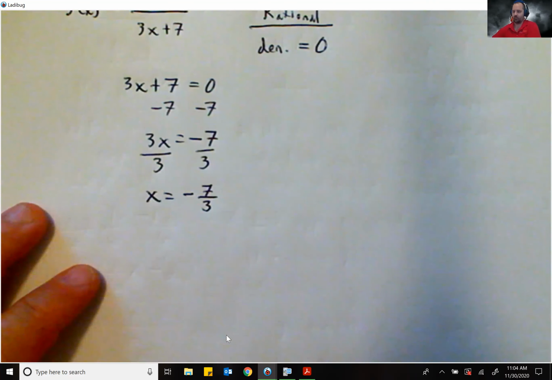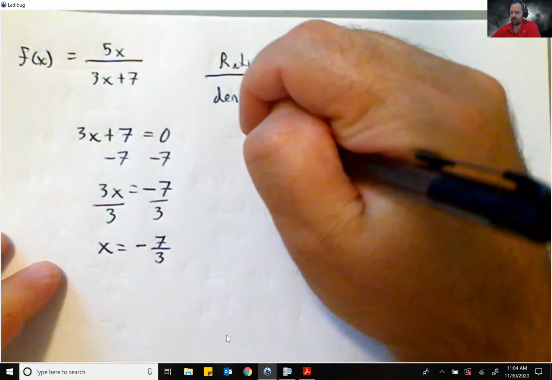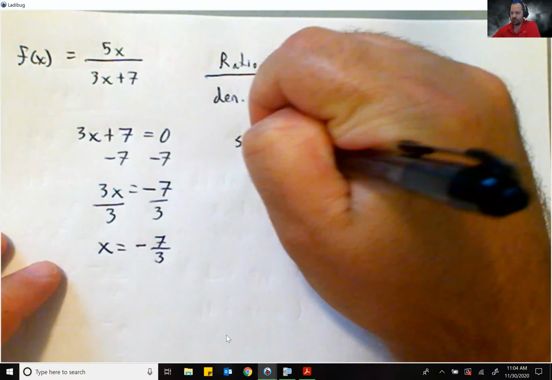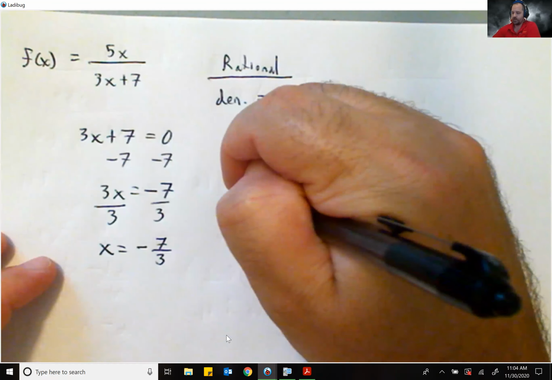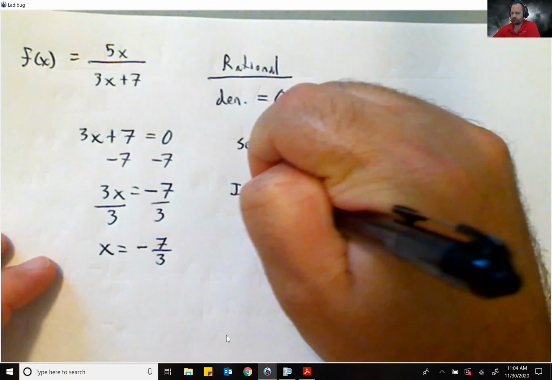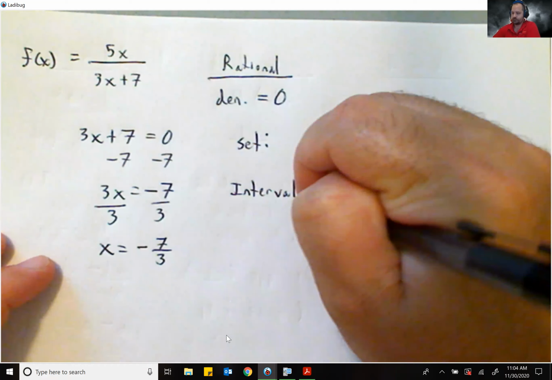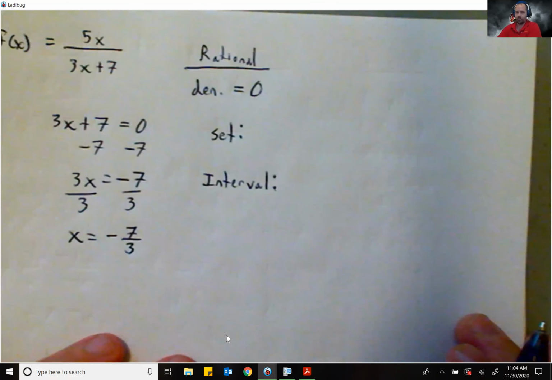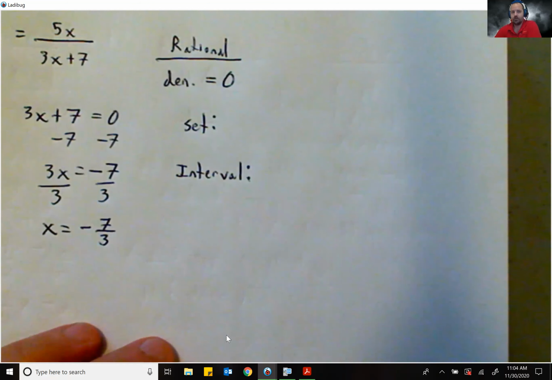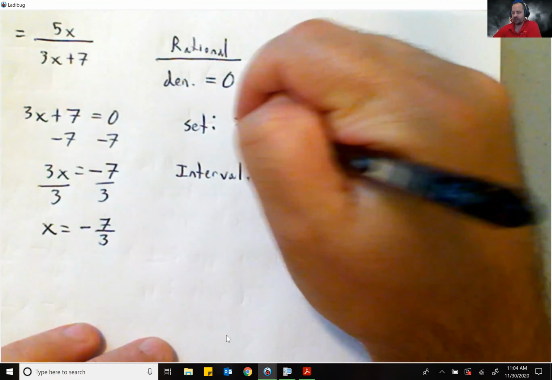We do not like this number. So we can write our domain two different ways. We can do set, or you can do interval. It's your call. Well, not your call, but it's your exam's call. Okay. So set notation is pretty easy.